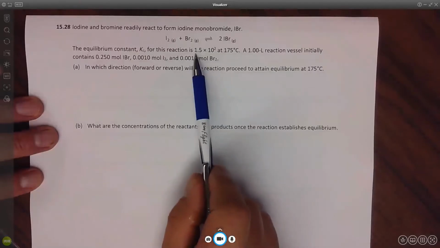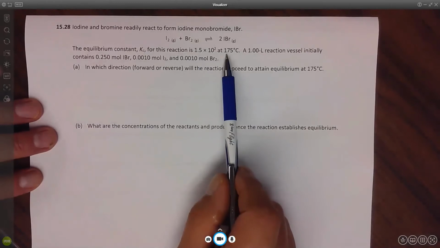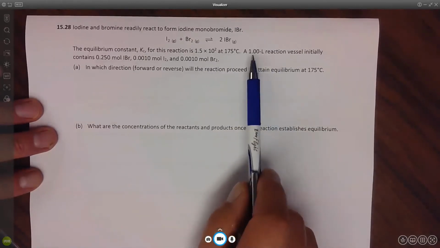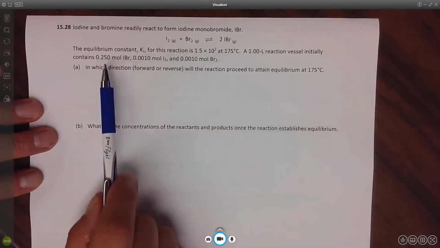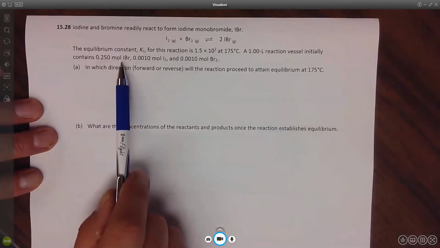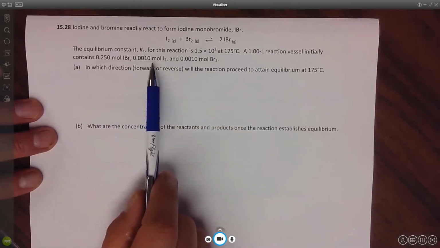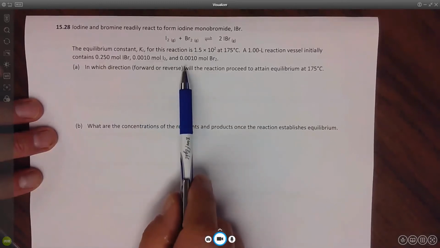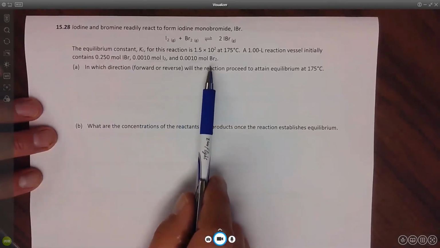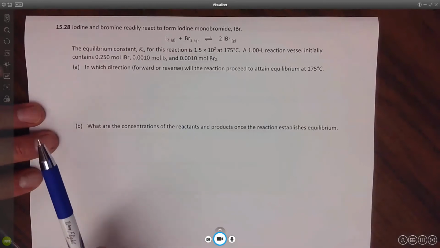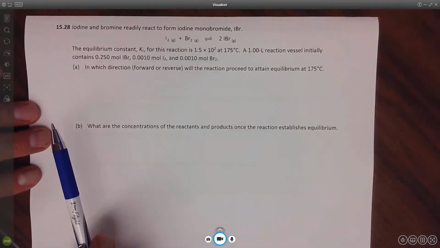Sort of 1.2 times 10 to the 2 at 175. We have a 1 liter reaction vessel that initially contains 0.25 molar iodine monobromide and 0.001 moles of iodine and 0.001 moles of bromine. So in this case, we're starting off with both reactants and products in the reaction vessel.